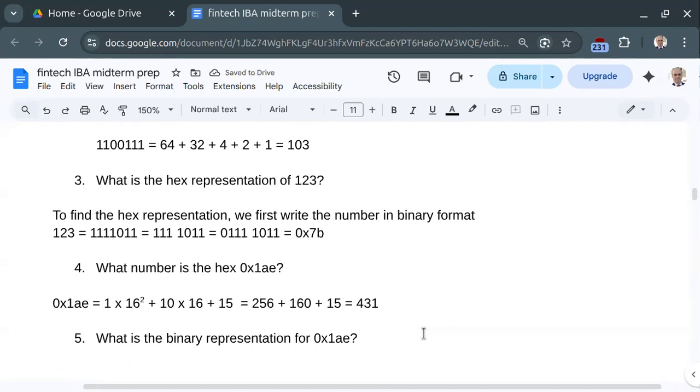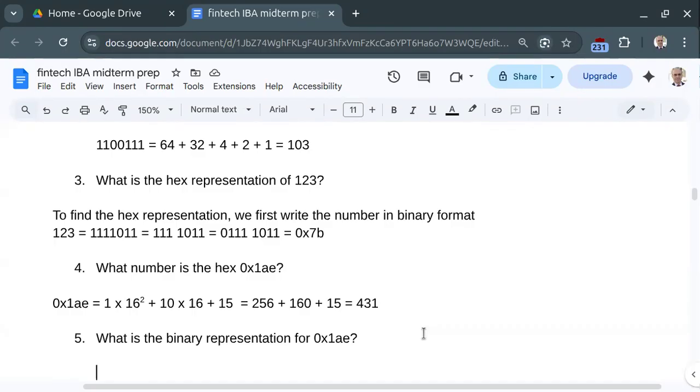Okay, now we are asked to find a binary representation for the hexadecimal number 0x1AE.